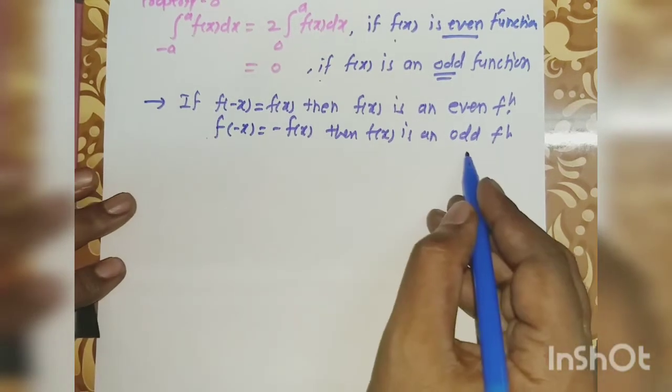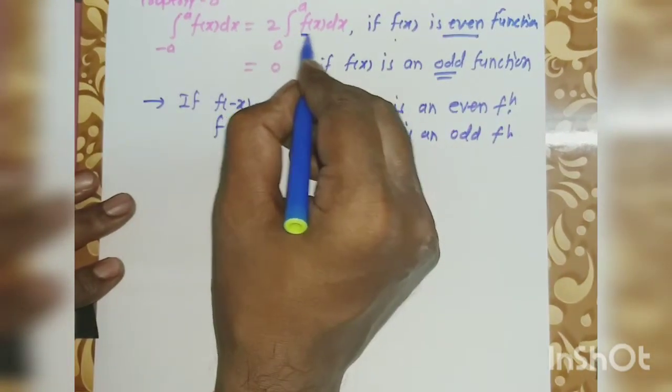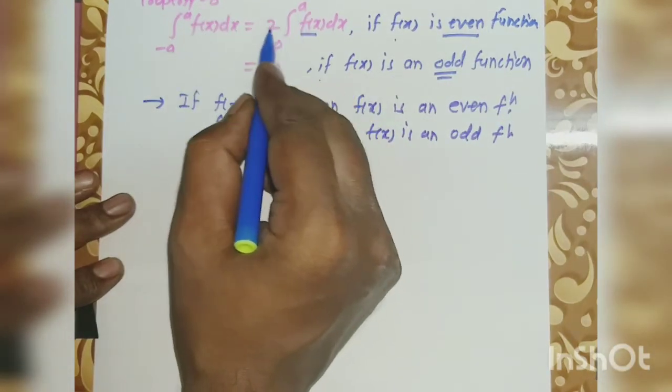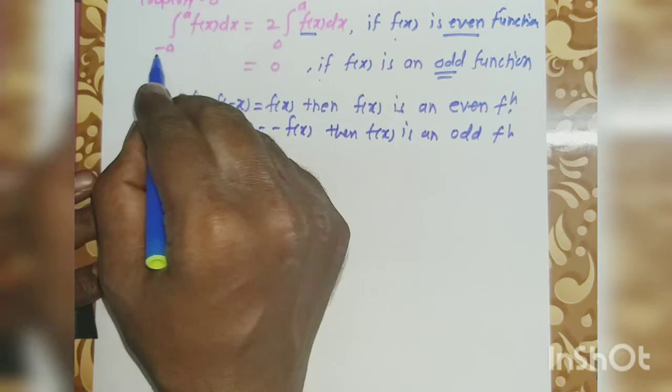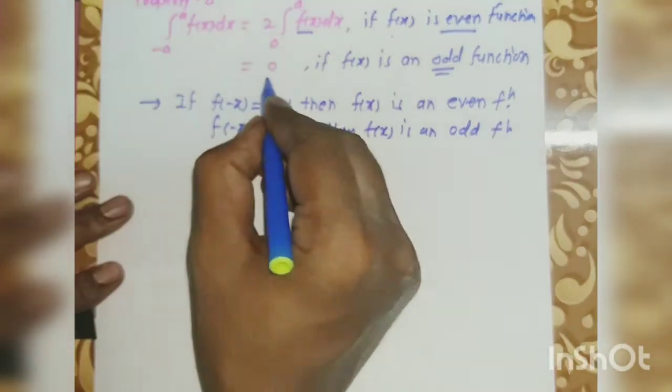Now by using this definition, first verify whether the function is even, then take twice the integration 0 to a, not minus a to a. If the function is odd, its value is always 0.